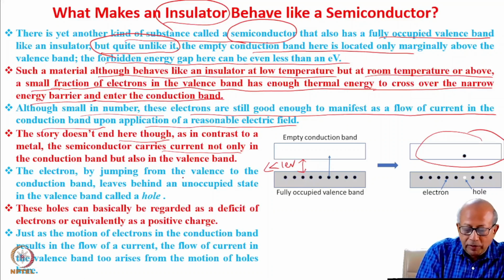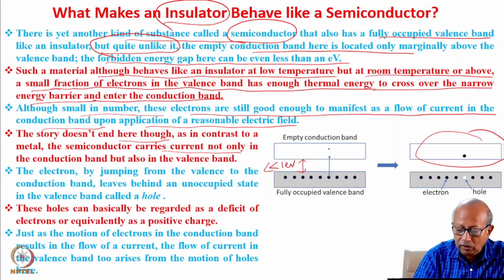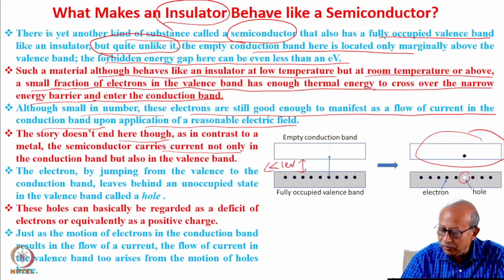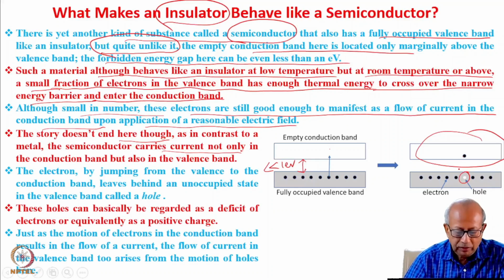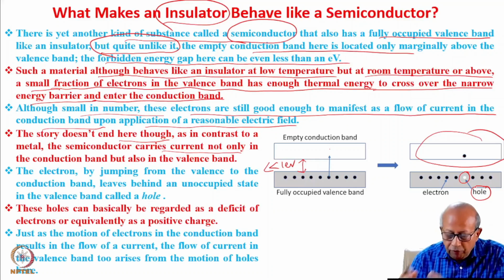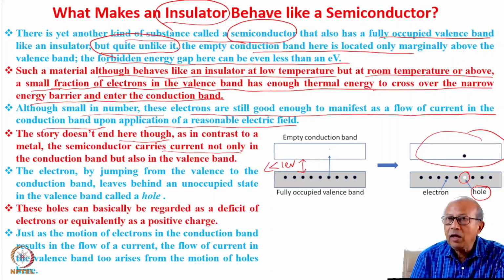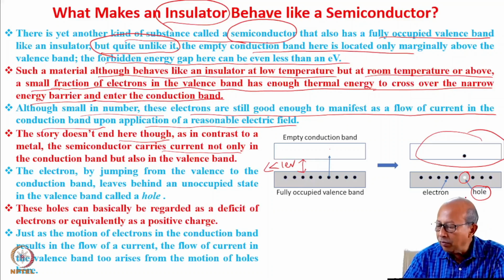You see, the electron, by jumping from the valence band to the conduction band, leaves behind an unoccupied state in the valence band, which is called a hole. These holes can basically be regarded as a deficit of electron, and thus will equivalently possess a positive charge.